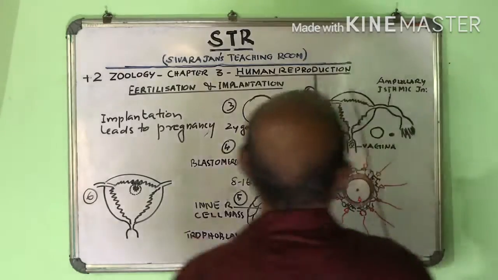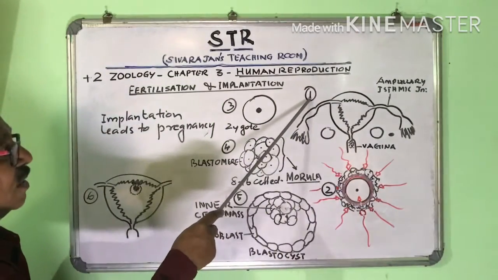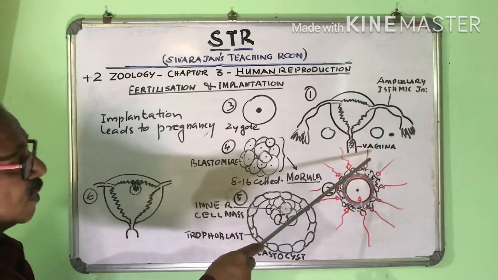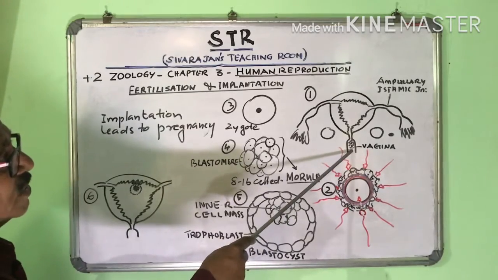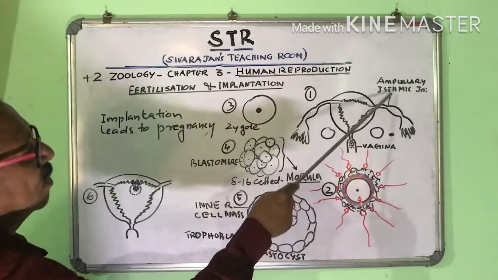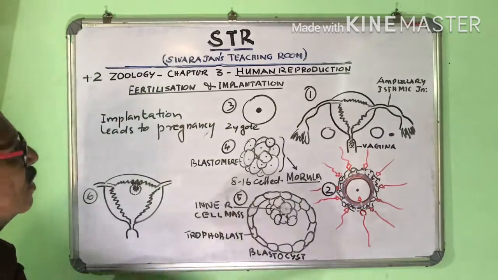So look here, the first picture, 1. It explains the release of semen into the vagina and the release of the ovum, which comes into the ampullary junction.